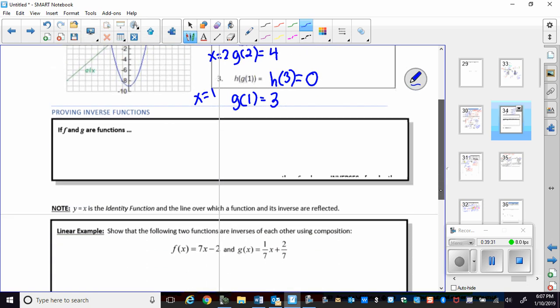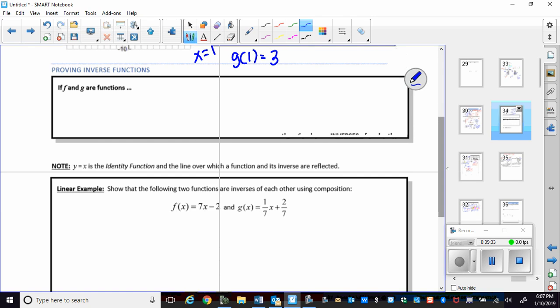Now, we already did a little bit for proving inverse functions. So when we're proving inverse functions, basically in general, if we have f and g, the composition sometimes might look like this, but it's the same thing as saying f of g of x, right?